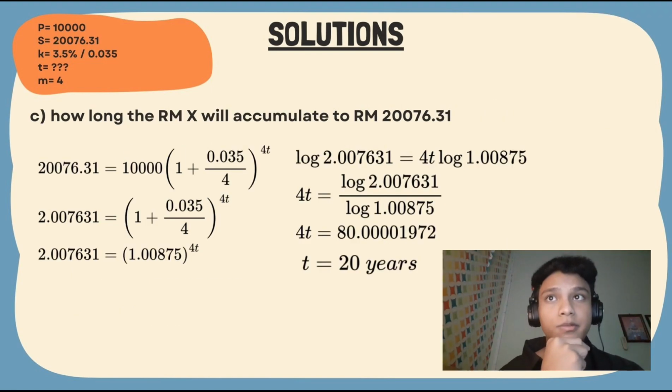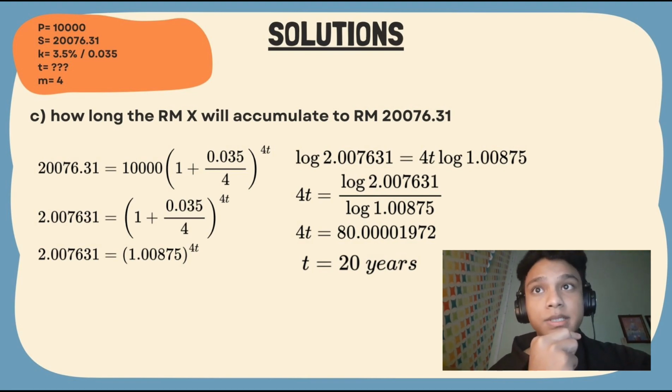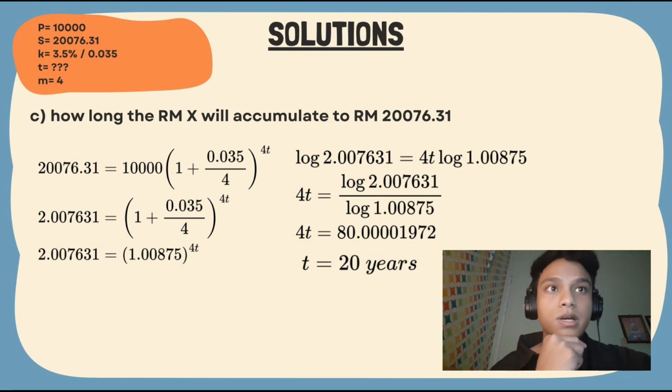Question C, we have to find how long it will take to accumulate to RM20,076.31. We have to find the T here and replace the S with the known amount, which is RM20,076.31. We're going to use the same formula, S equals P(1 + K/M)^(MT). Like earlier, we replace all the letters within the formula with the information we have extracted.